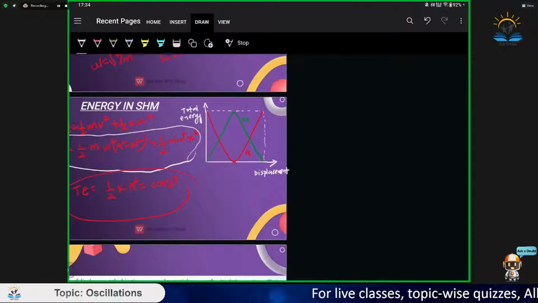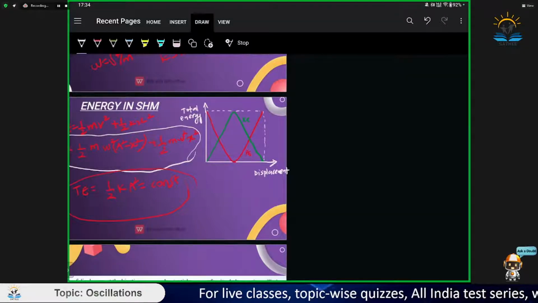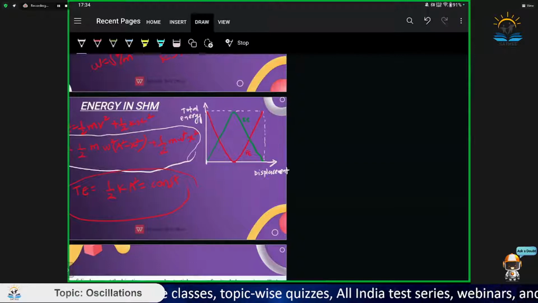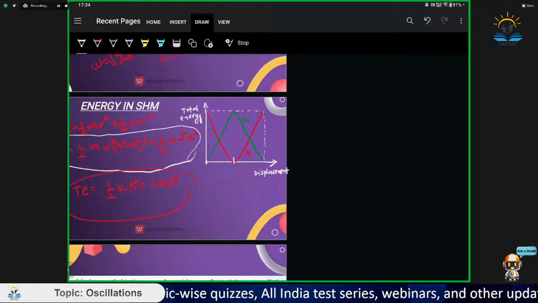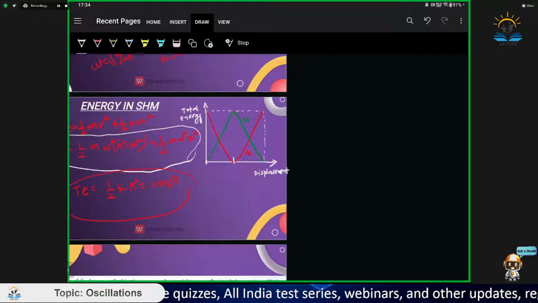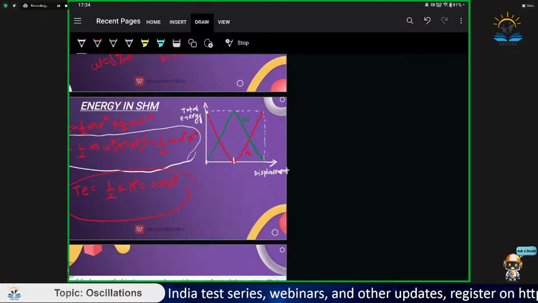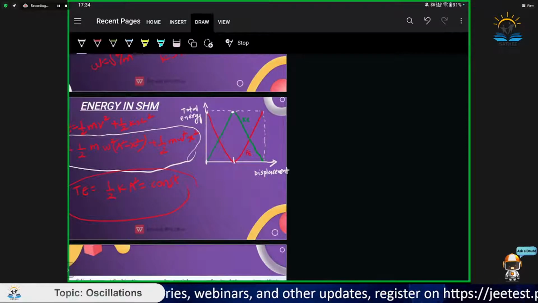For kinetic energy it's an upward parabola, and for potential energy, a downward parabola. At amplitude, kinetic energy will be 0 and potential energy will be maximum. And at equilibrium, kinetic energy will be maximum and potential energy will be 0.